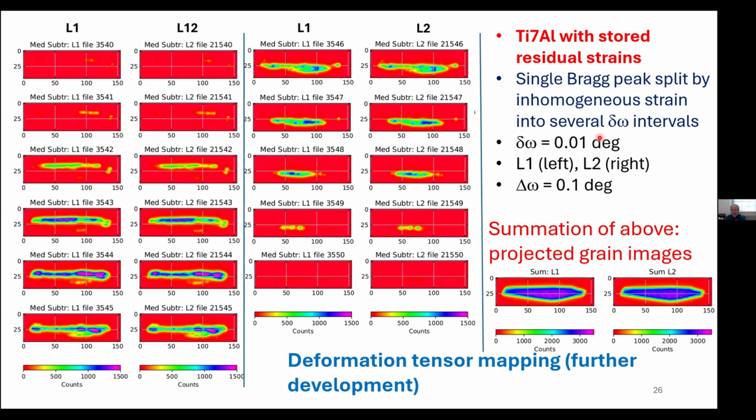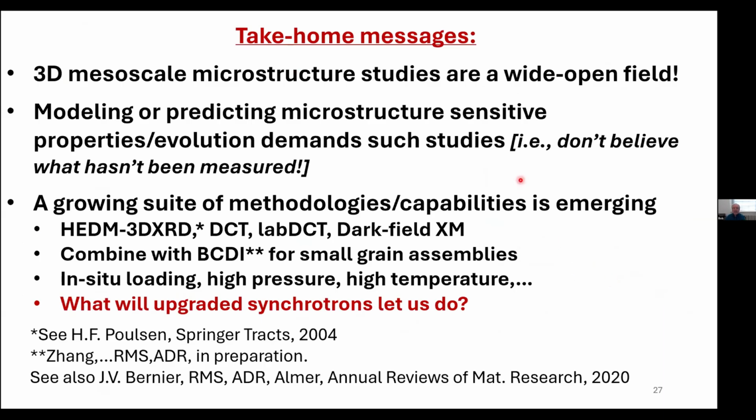So I suspect we can get down around 10 to the minus 4, maybe even below. And again, if you add up the intensities, L1 refers to the first detector position, L2 is the second detector position. If you add up these intensities, you wind up with something that looks very much like the projection of a grain cross section.